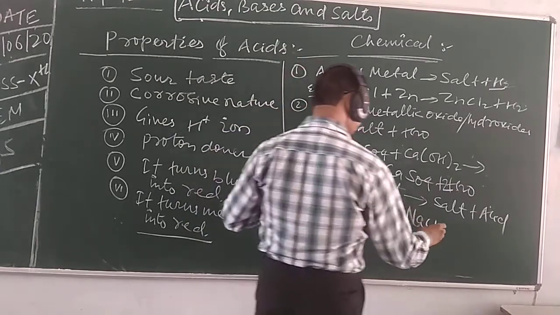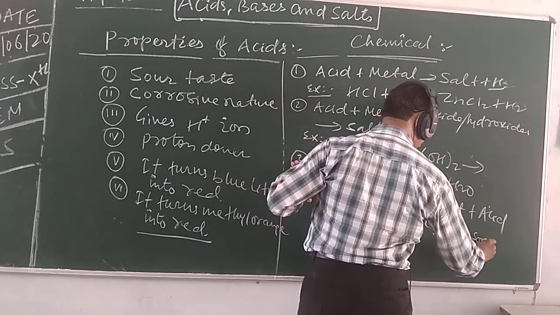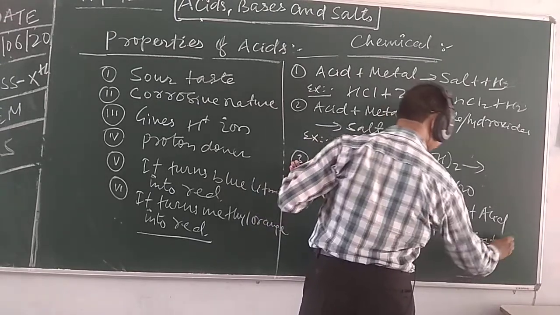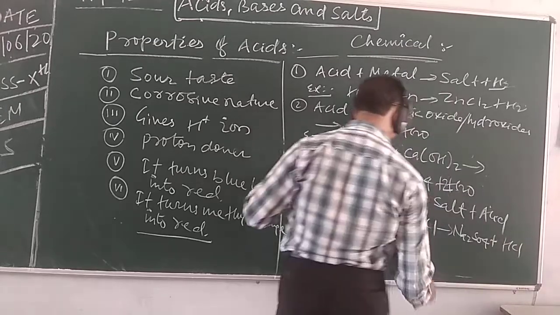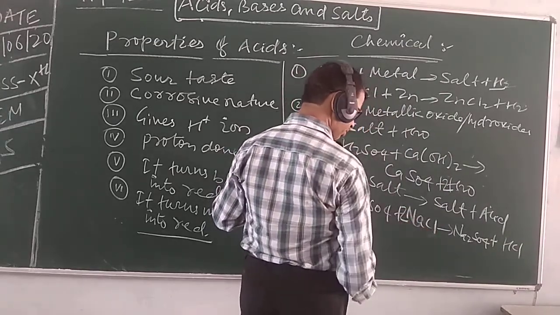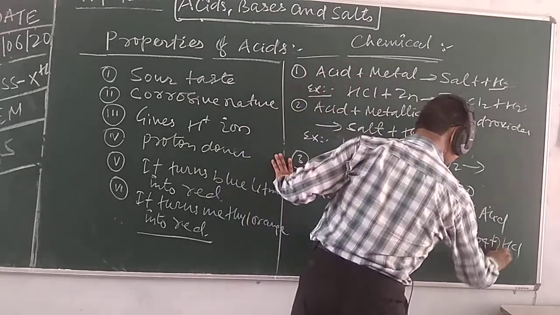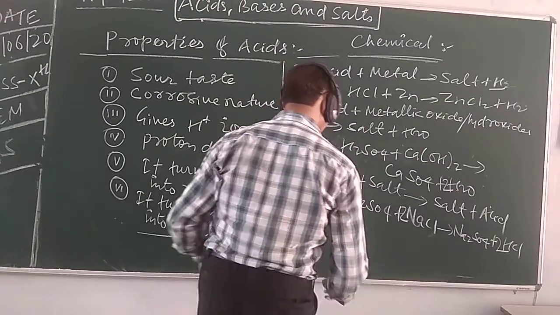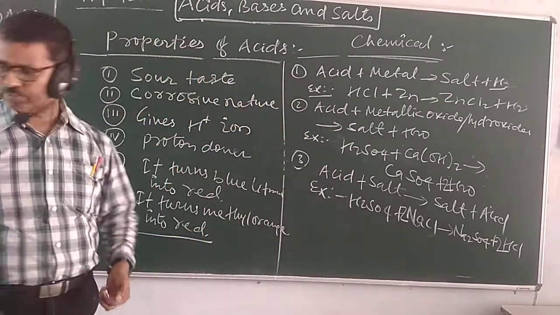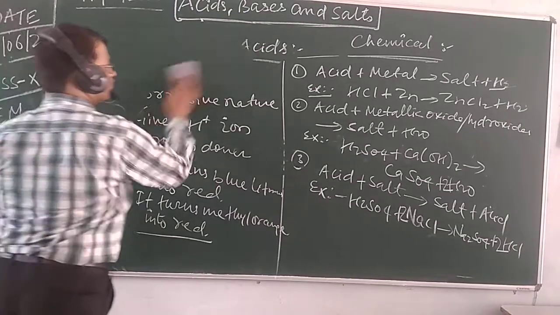What is formed? Sodium sulfate, Na2SO4 plus HCl. You can balance the reaction here. How many hydrogens here? 2. Okay, it's balanced. Okay. Another reaction you can also give.